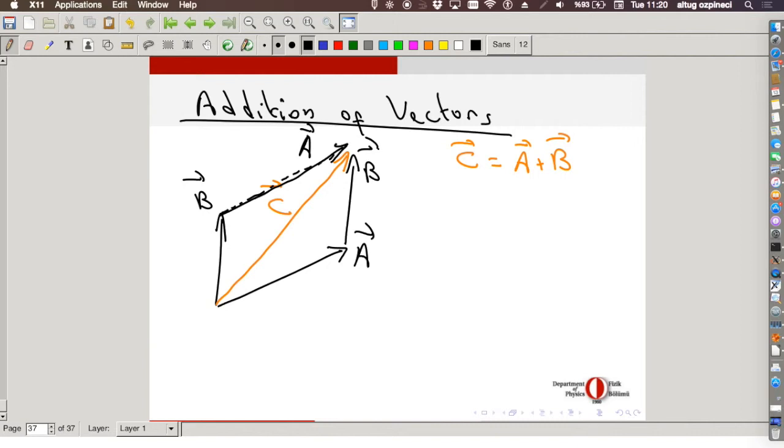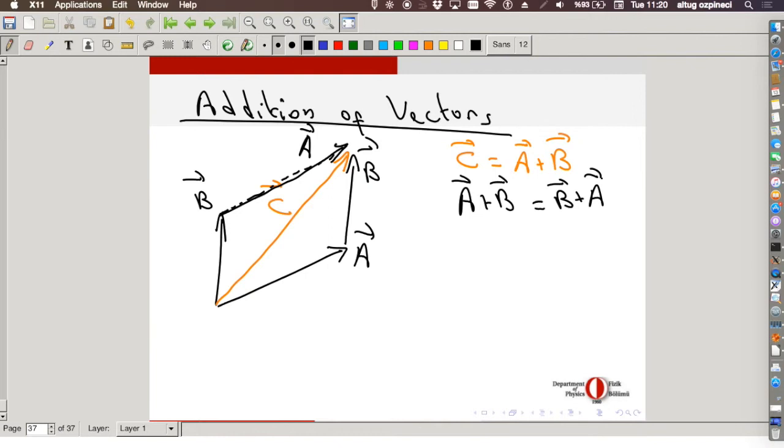In a sense, this is the proof that A plus B should be equal to B plus A. A plus B just tells you first go over A and then over B. B plus A tells you first go over B, then over A. So this is how we add the vectors.